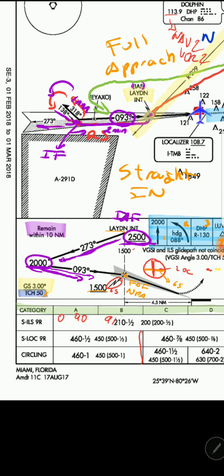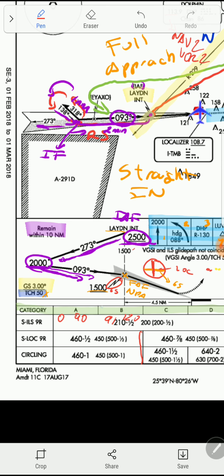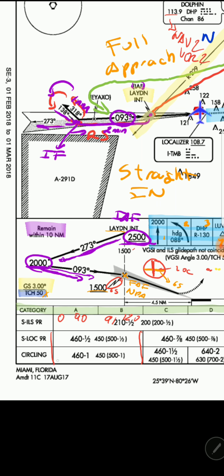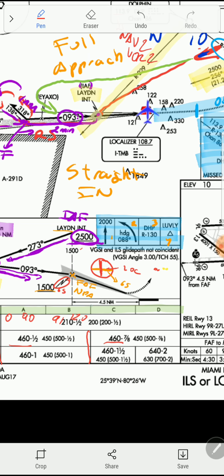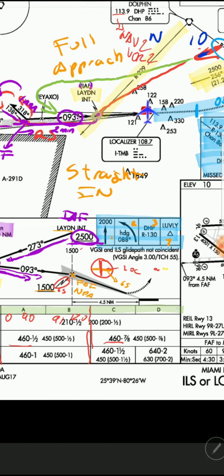Next is 91 to 120 knots. We're going to find ourselves on category B. So as you can see down here, category A and B have the same minimums for the localizer. But it's different when you take a look at category C and category D.